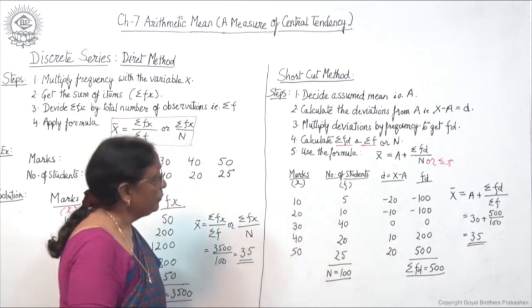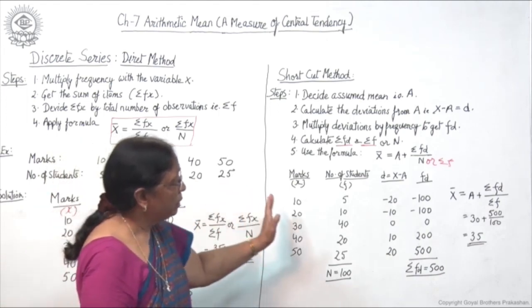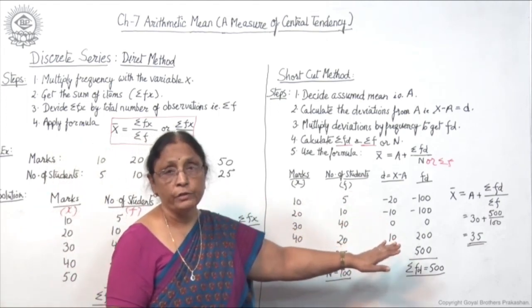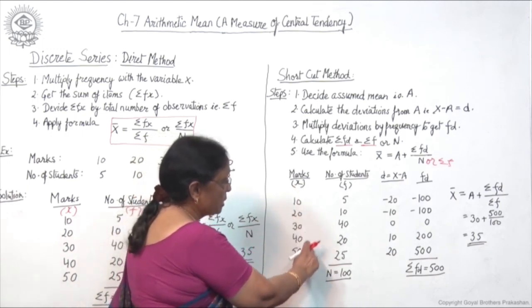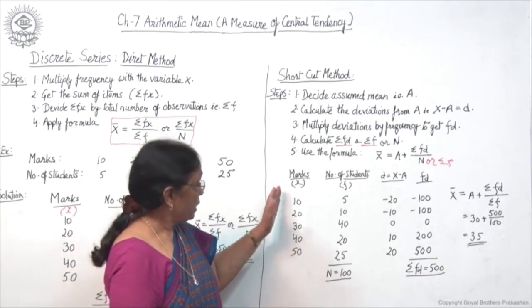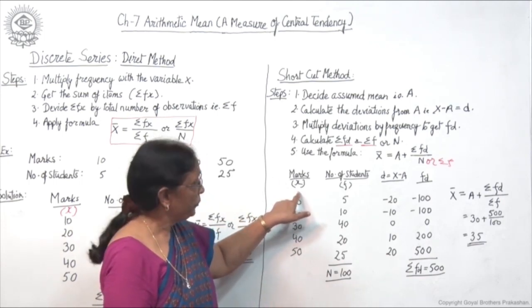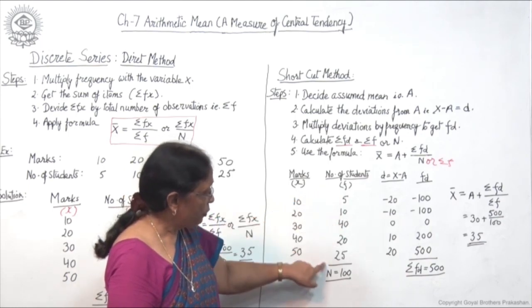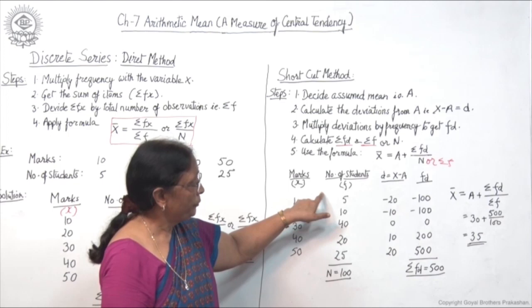Right? Now let us see how the same example we have taken earlier is calculated with the shortcut method. Again the marks and number of students, same data is given. These are the marks given to you and you name it the X column. The number of students, same data, is the F column.